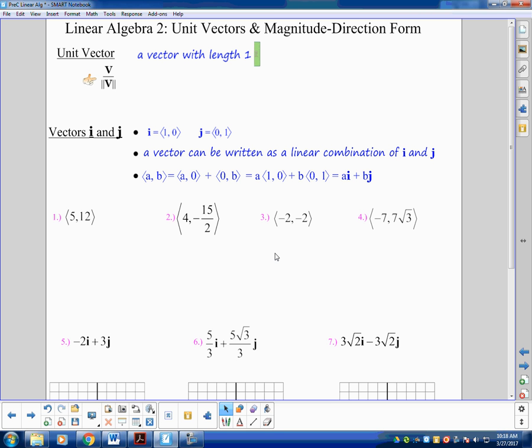Factor out an a, so you have a times <1, 0>, which is the i part, plus b, pull a b out of the second part of that, and it's b times <0, 1>, which is the j part. So the vector can be written as ai plus bj.